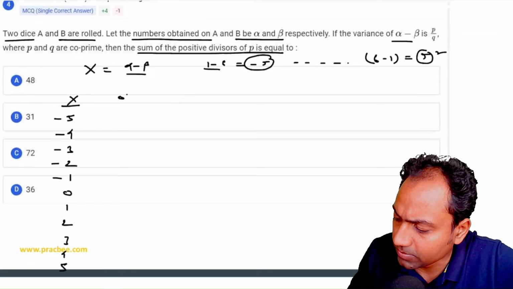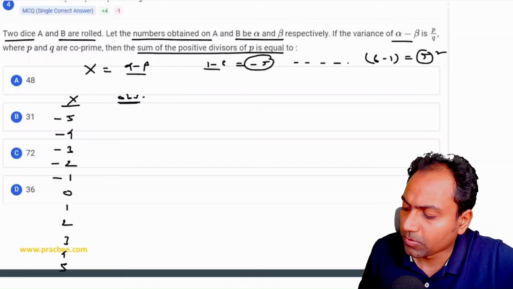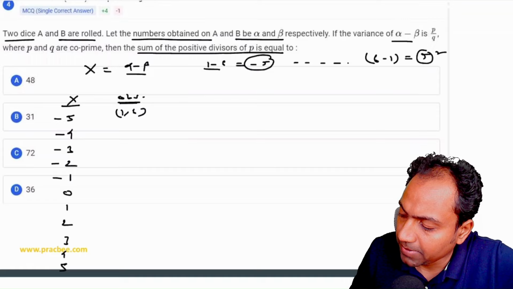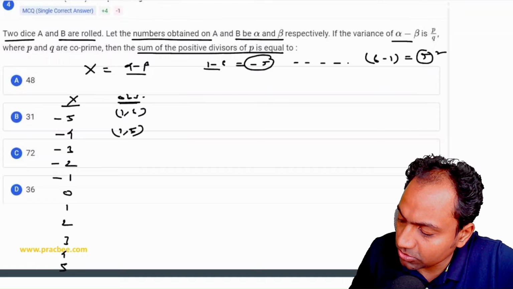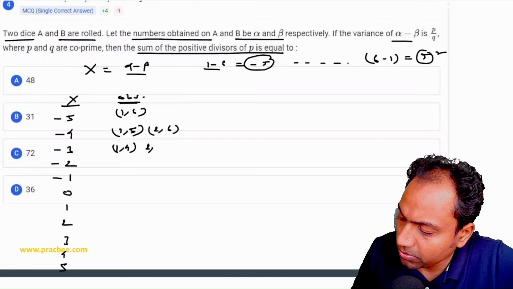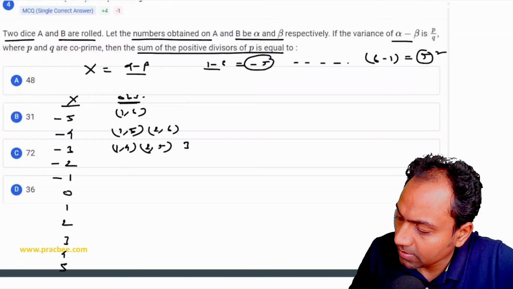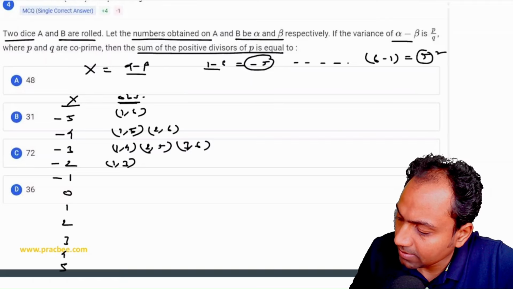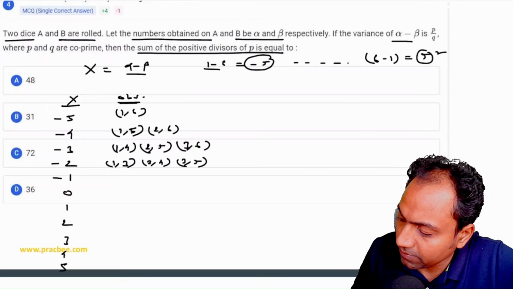Now let us write observations corresponding to this. Minus 5 will happen if this becomes 1, 6. Minus 4 will happen if this becomes 1, 5, and then also there is a possibility of 2, 6. Minus 3 will happen if it is 1, 4, 2, 5, 3, 6. Minus 2 becomes a possibility if we have 1, 3, 2, 4, 3, 5 and 4, 6.